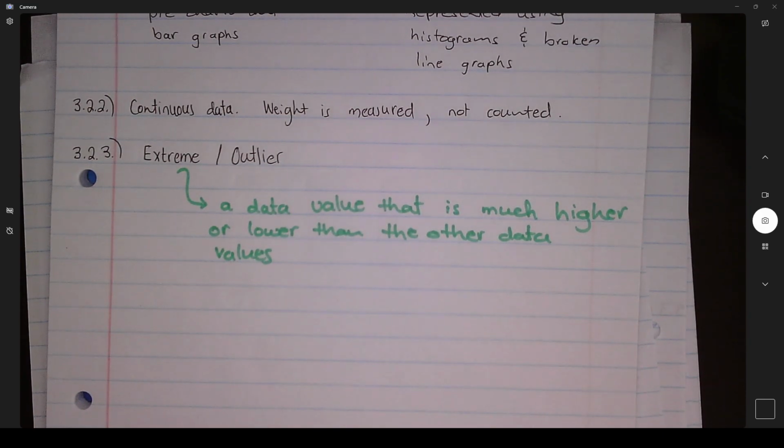In our given context, say that the majority of the team for New Zealand lies between 70 and 113 kilograms. And then we have a player who's 114 and a player who's 115. And then suddenly the next heaviest person is 140. That would be an extreme.